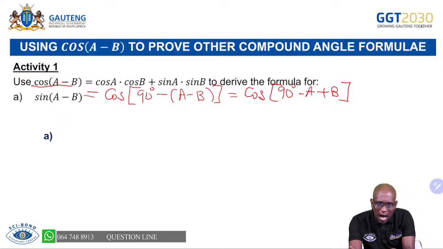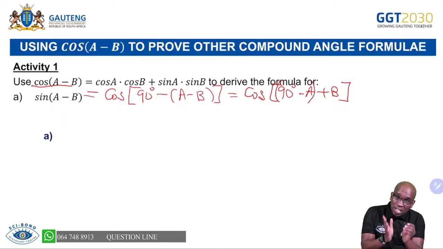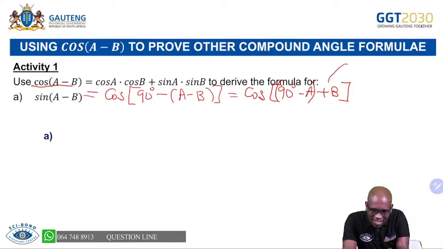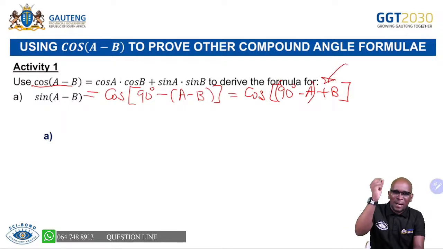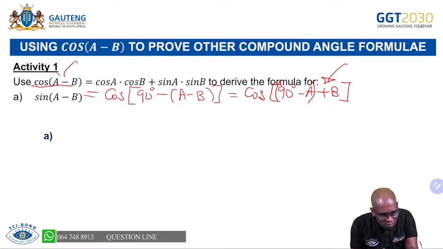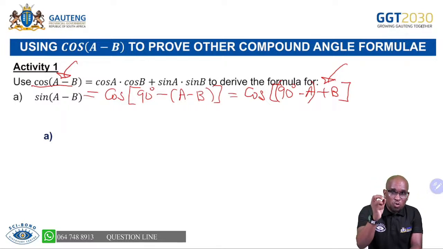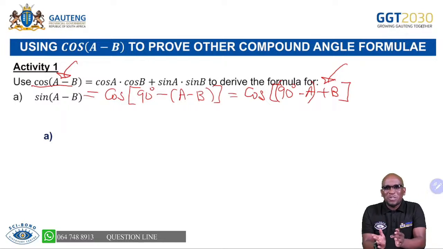Now, if we are to group these two, like we did with the previous one, we are seeing here that we are having a plus as opposed to having what? A minus. So we are having a situation where we have a sum of the two angles as opposed to having the difference between the two angles. Now, what is it that we need to do in that case?